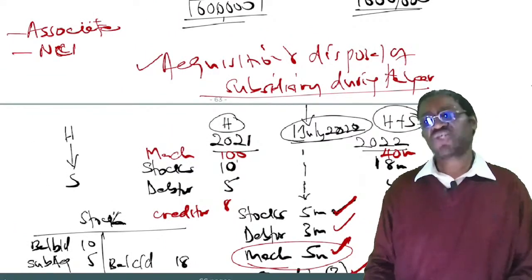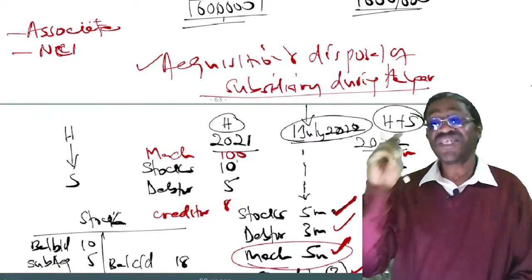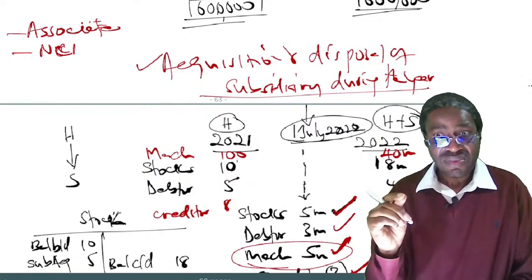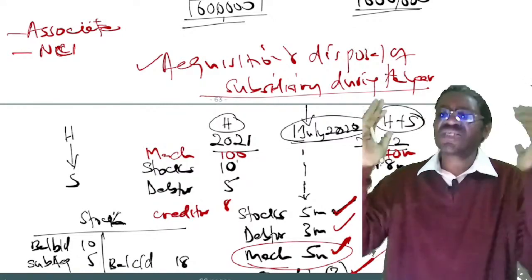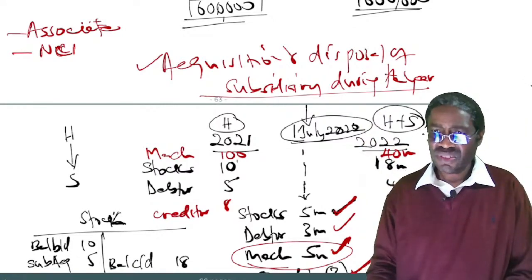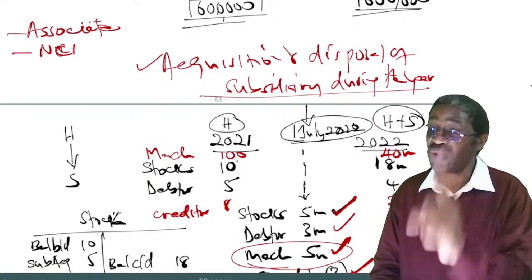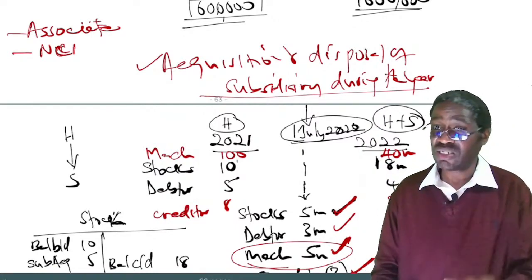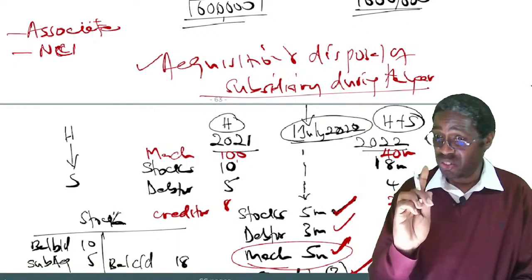Suppose the question tells you we are disposing a subsidiary. We are selling our shares in a subsidiary company on 1st July 2020. If we are disposing the shares in the subsidiary company, get the point?